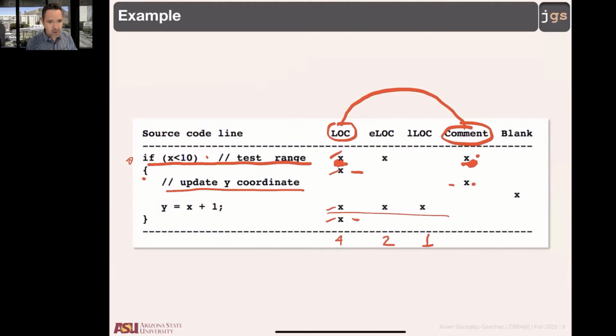The important thing, we are considering that the programmer that did this first line, for instance, spent some time figuring out the if and the condition, but also the comment. Theoretically, there is a timing, a mental process to figure out which is the comment that I am going to put here, which is the comment that best explains what I am doing here. So lines of code plus lines of comments is going to be a representation of the amount of work, and we're counting separately the comment in the line and the line itself.